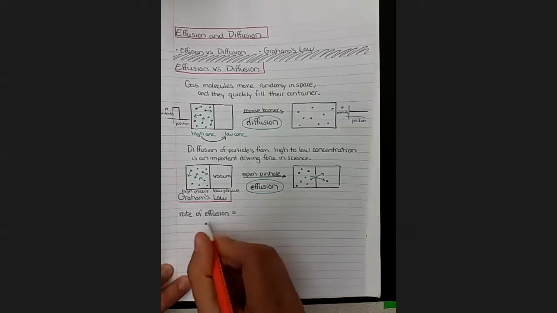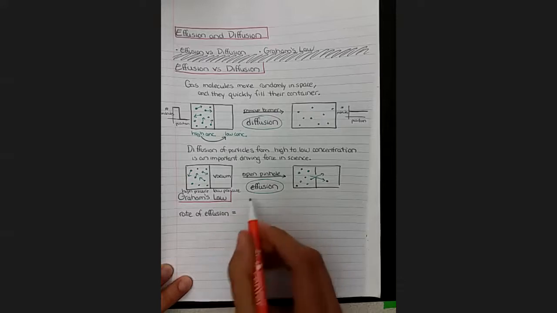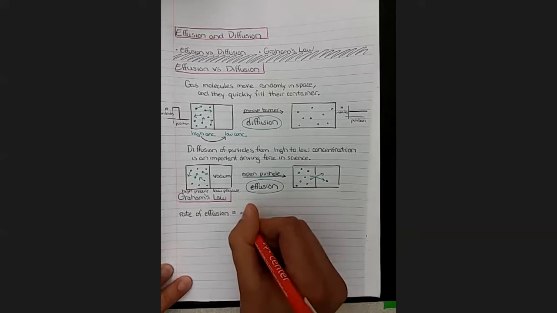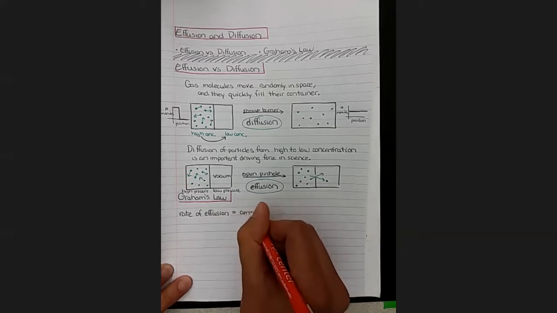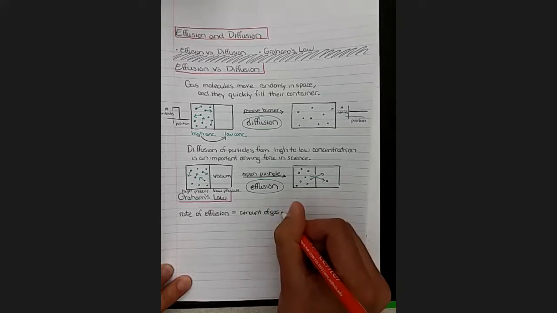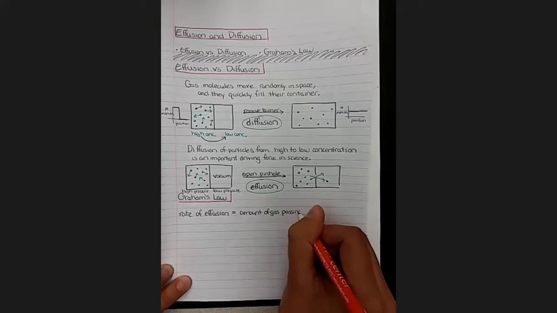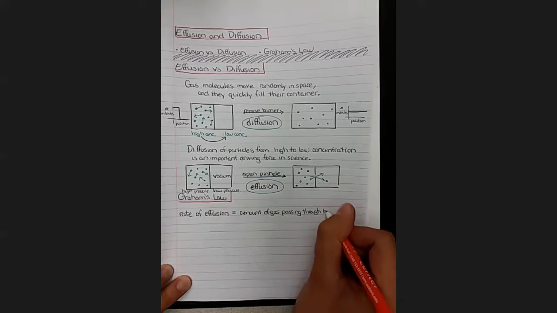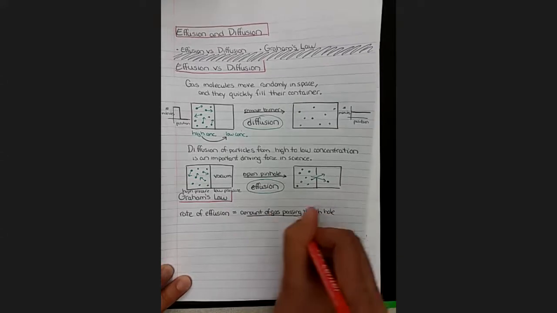So if we want to calculate the rate of something, that is always the number of times that it happens over a unit of time. So the rate of effusion is the amount or the number of gas particles passing or effusing through that hole, over some unit of time.